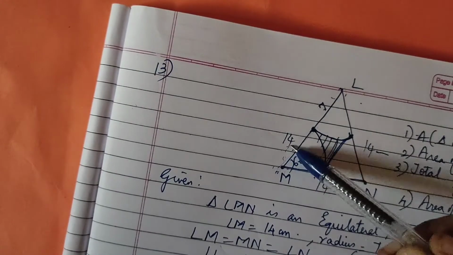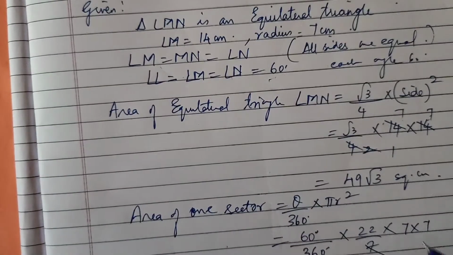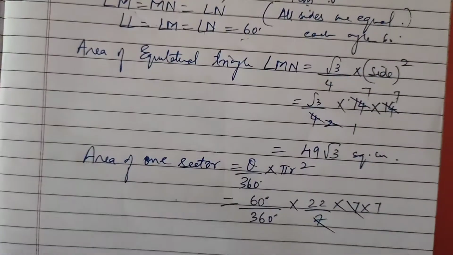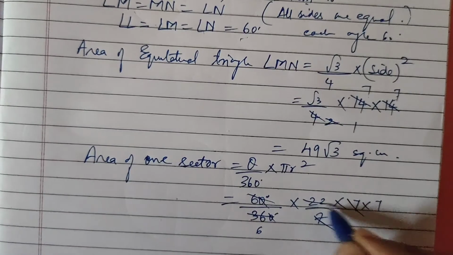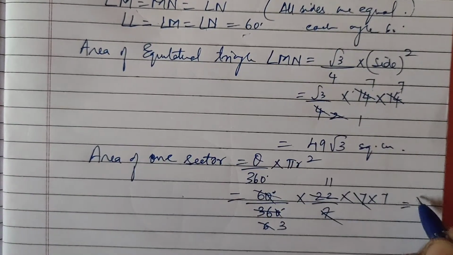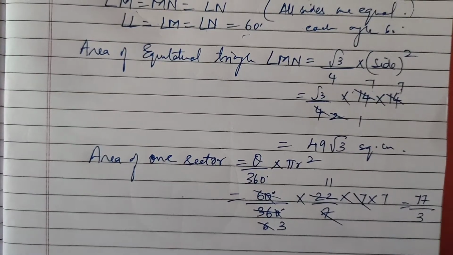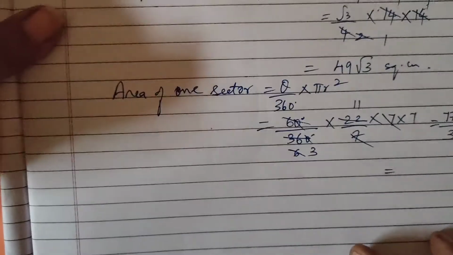This is 7 means this is also 7 here. Yes, 7 into 7. So 7 7 gets cancelled. 6 6s are 36 here and 2 11s are 22, 2 3s are 6. So how much did I get? 77 upon 3. Okay, you can put it in the point also. We will keep it as it is here.